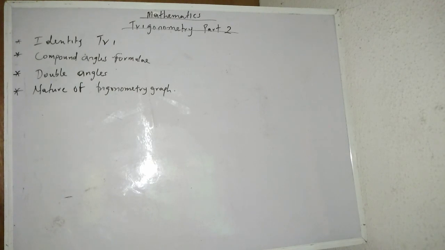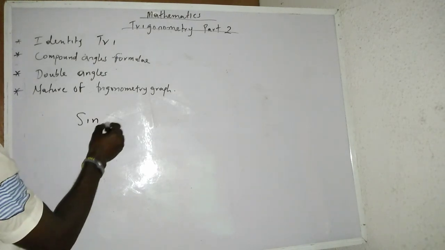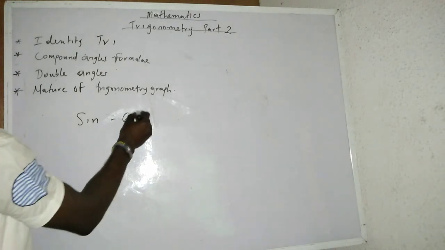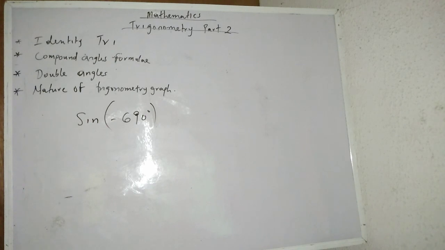But before we proceed, we have to understand something that I was supposed to mention in the last video but did not. Suppose I have sine of minus 690 degrees. Somebody asks me to find this type of question. It can be solved. How will I solve it?